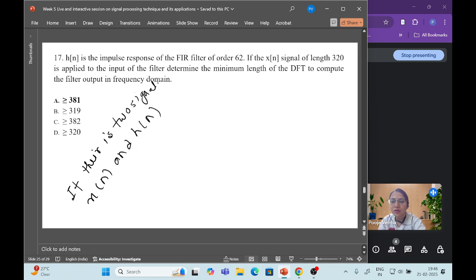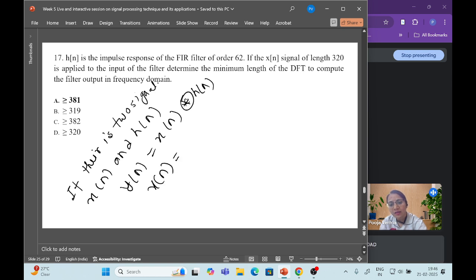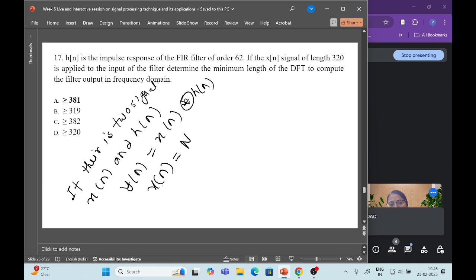So in order to determine the output, we already know that it is simply the convolution of these two signals, x of n convolved with h of n. Here the length of x of n is N, which is given as 320, right?